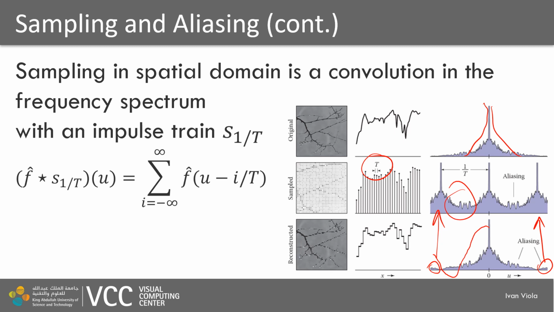So once again, the sampling, which is a multiplication with a comb filter in the spatial domain, is a convolution of the frequency domain representation of the comb filter with the frequency domain of the signal.